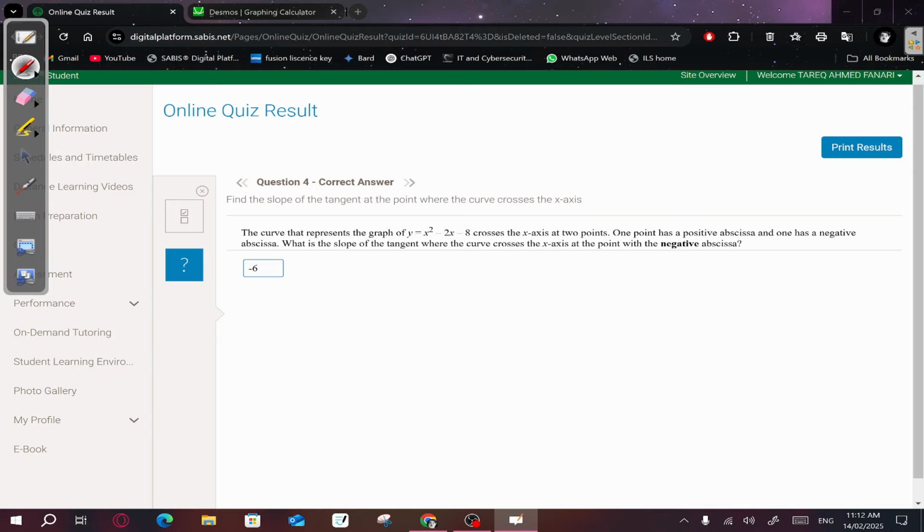First, I multiply a times c in y equals ax squared plus bx plus c, and then whatever value this gives me, I split the b term into values that will equal that. Let me explain it. So y equals x squared minus 2x... this is 1, this is -8.